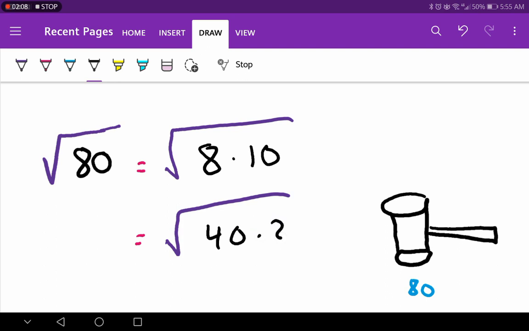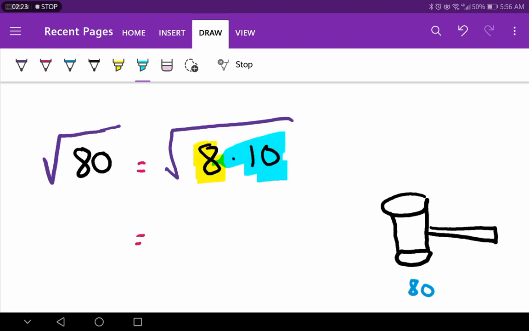If you select any one, at the end you will get the same answer. So I will use the easy one. After I break it, I have to check each factor here, 8 and 10. Neither the 8 nor the 10 is a perfect square number.